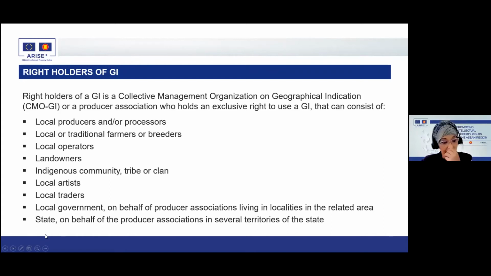Okay, so the state could be a right holder of a GI, as well as other communities, insofar as the state acts on behalf of and is more beneficial for the producer associations.